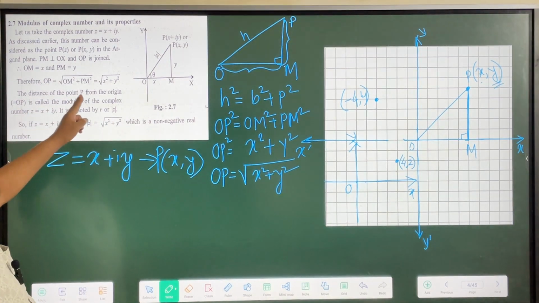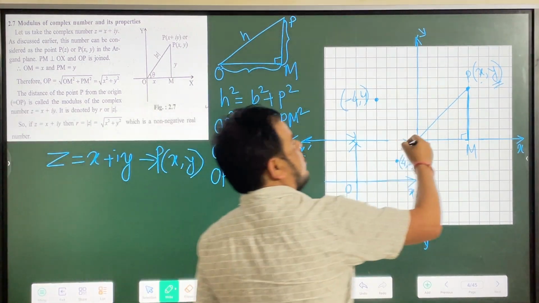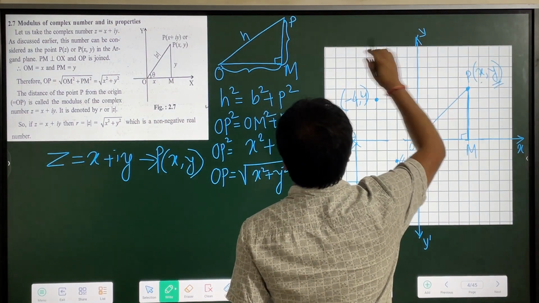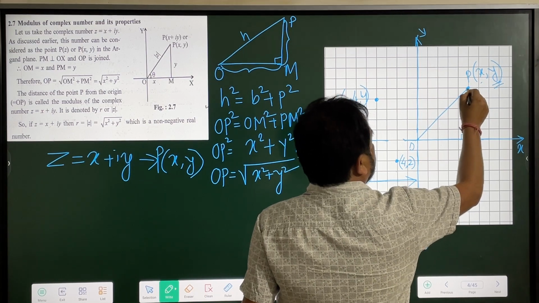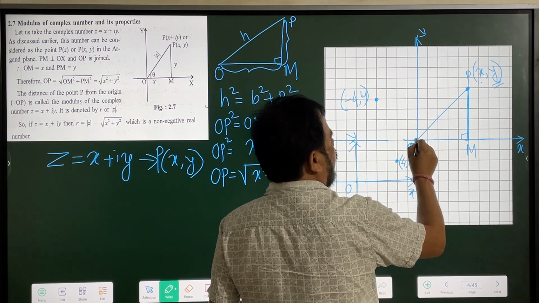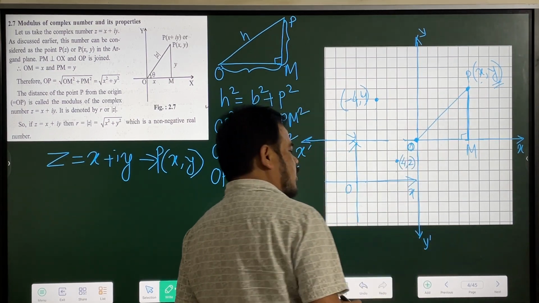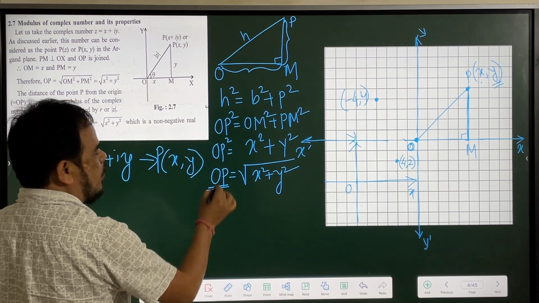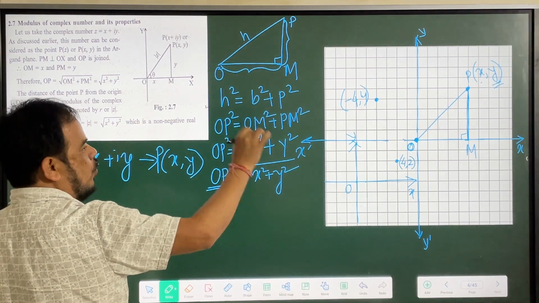This distance of the point P from the origin is called the modulus. For the right angle triangle, this is the hypotenuse. But for any ordered pair, this is the point and this is the origin O. From O to the point, whatever the distance, that distance is called the modulus. OP means the distance of the point from the origin. P is the point, O is the origin.